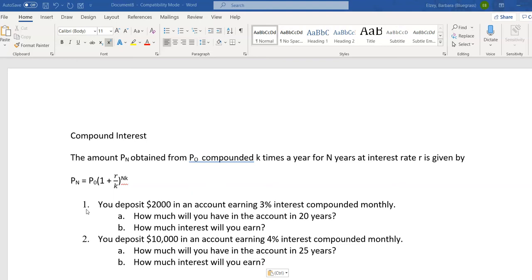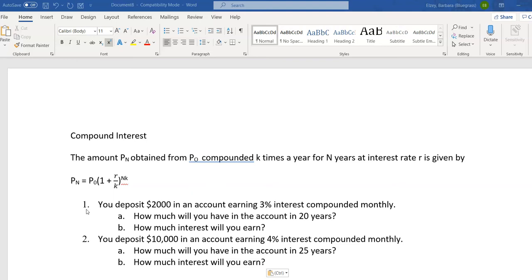So when you see the words compounded in a problem, and you're only depositing or you're only getting a loan for one amount, and there's no monthly or weekly or yearly payments being made, then we've got a compound interest problem, and we're going to use the formula that we've got here.